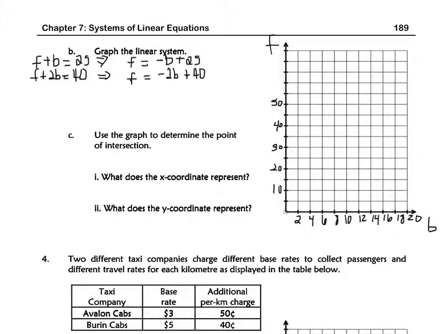So if we graph each of these equations now, the first one there has a y-intercept of 25 and a slope of -1. The coefficient in front of the B, the independent variable, is -1. So our scale on our x and y axis is not the same. So if we actually took a slope of -1, that would be from where we are here, 25 down to 20, that would be 5.